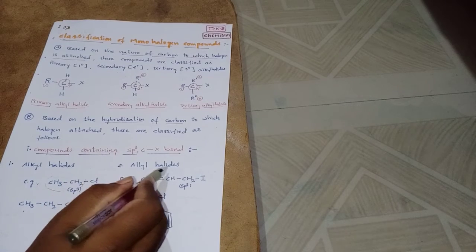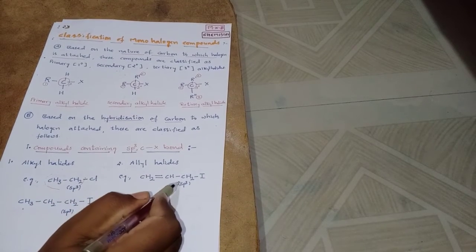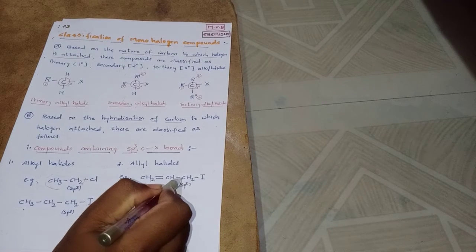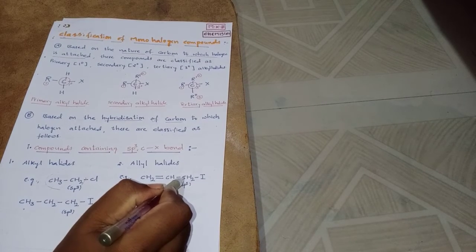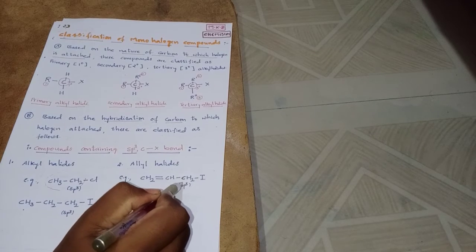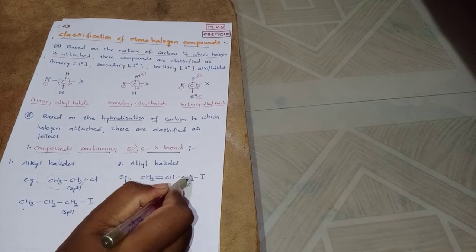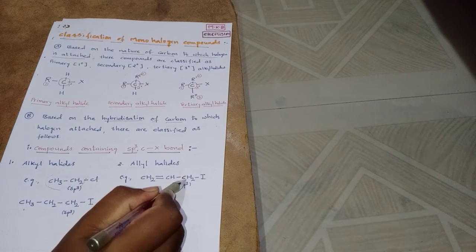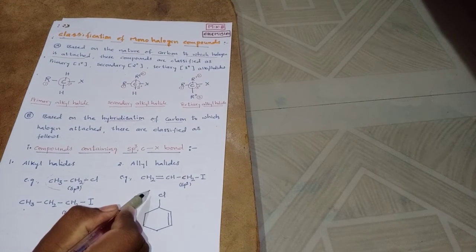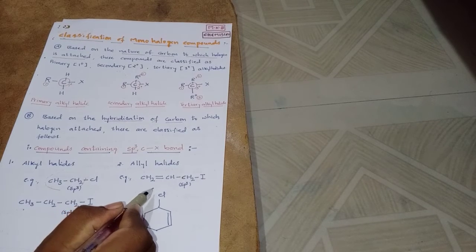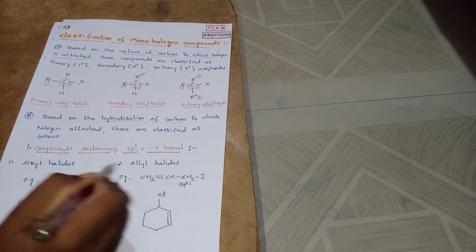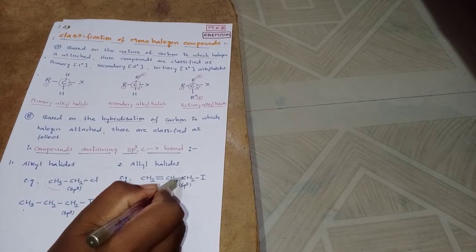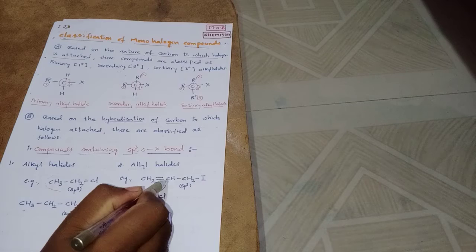Again, allyl halides. Here, this iodine is attached to a carbon around which we have only single covalent bonds, so this is also an sp3 hybridized carbon.